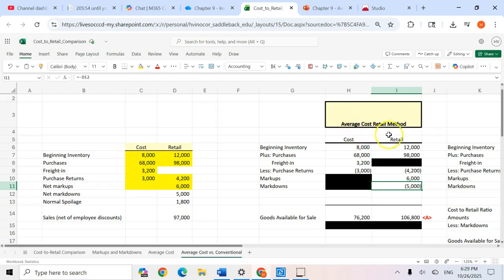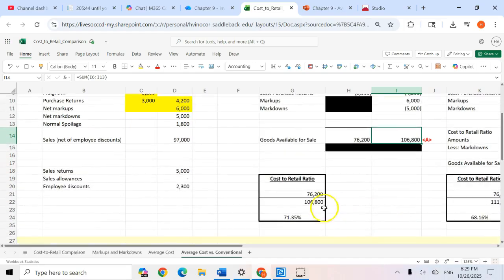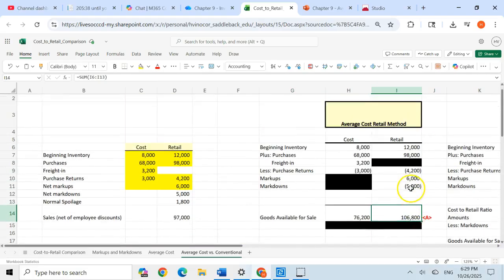Under the average cost retail method, the markups and markdowns go into our total goods available for sale, which will be our denominator when we calculate the cost to retail ratio. And that's right here.